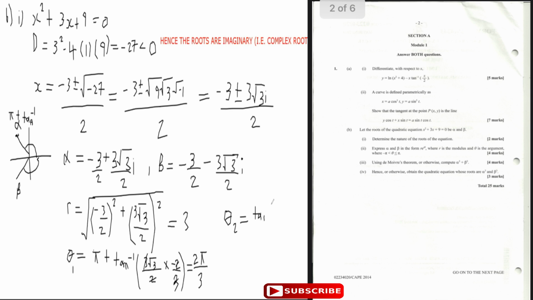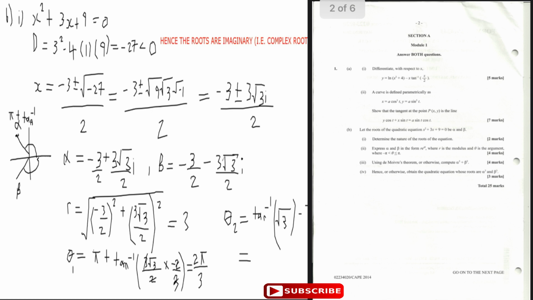Tan inverse of this over this, minus over minus makes it positive, so it's tan inverse of b over a. So it's just going to work out to be positive root 3, then minus pi. I'm positive that's what I get.